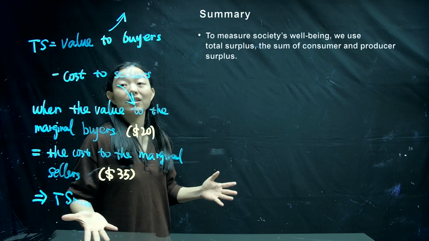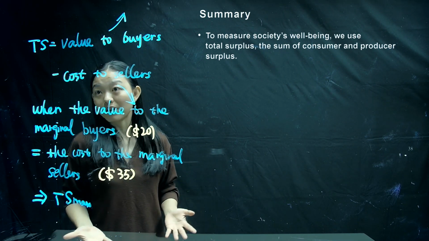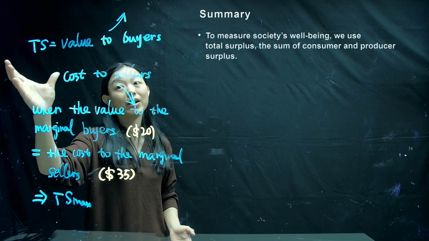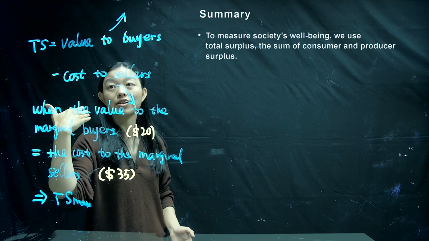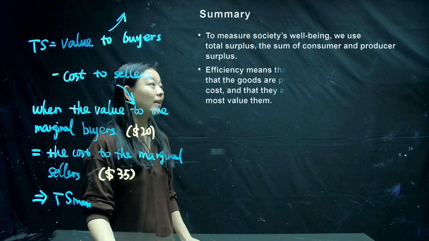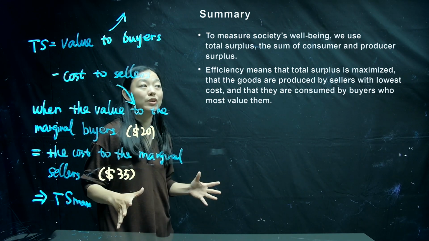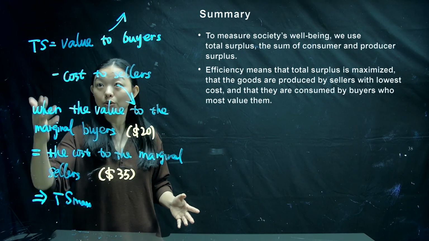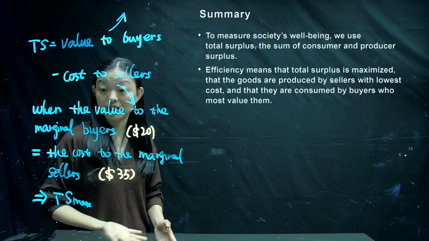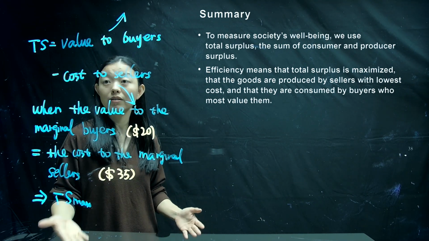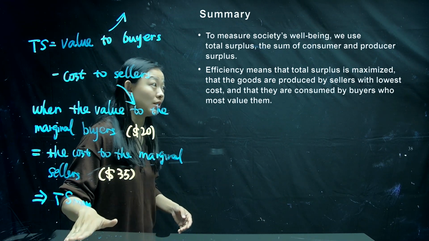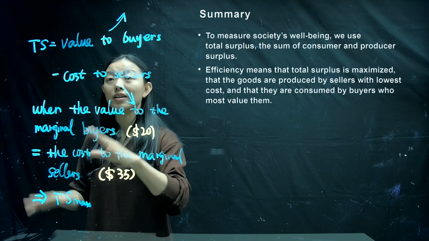To measure society's well-being, we use the total surplus, which is the sum of consumer surplus and producer surplus. Efficiency in the market means the total surplus is maximized, and then we say the market allocates resources efficiently.